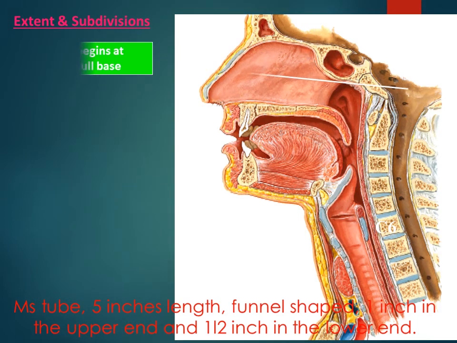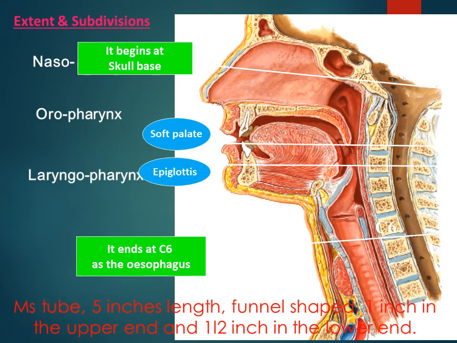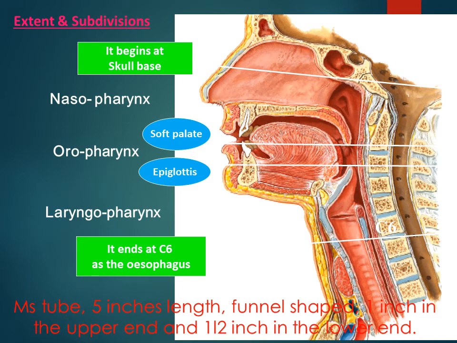So it's a funnel-shaped muscular tube, 5 inches in length. It starts at the skull base and ends at the level of the C6 cervical vertebra, where the esophagus starts. This is the soft palate. This is the epiglottis, where the soft palate divides the oropharynx from the nasopharynx.